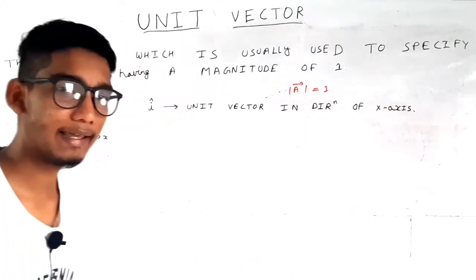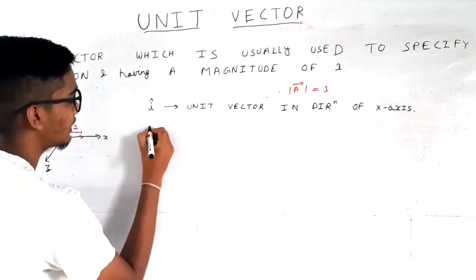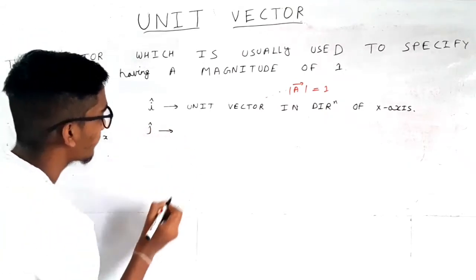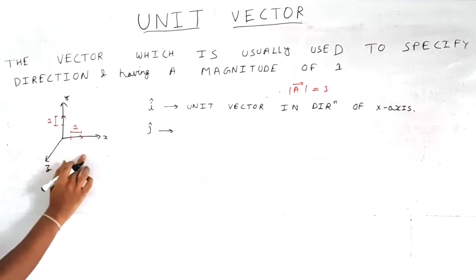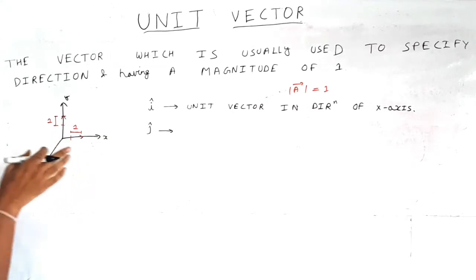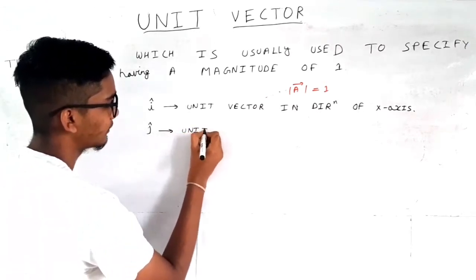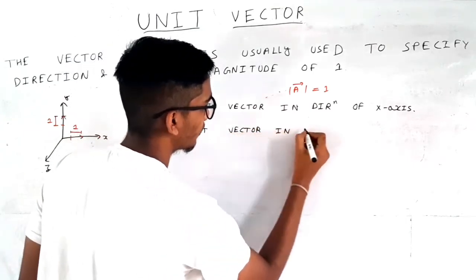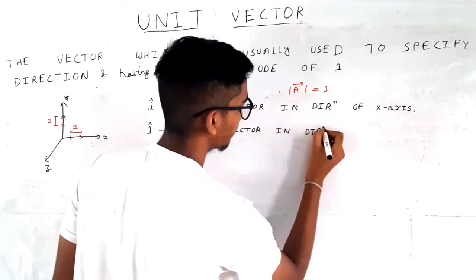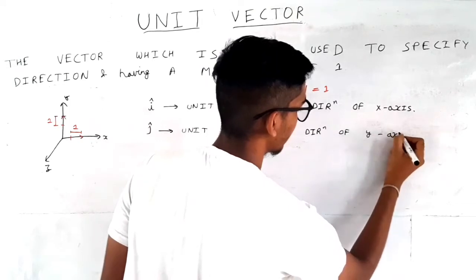What will i cap give? i cap will give the direction of a vector in the x-axis. What will j cap give? The direction of a vector in the y-axis. We can say it is a unit vector in the direction of the y-axis.